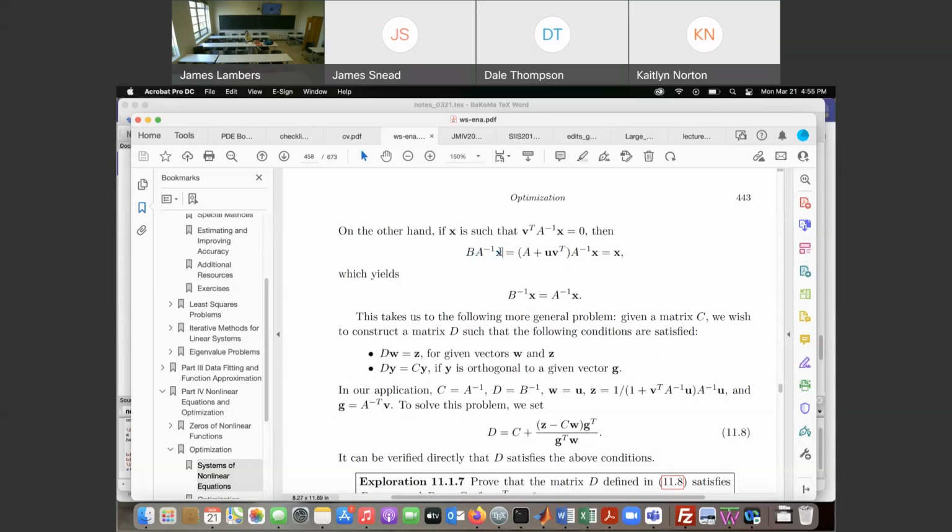B times A inverse x, which is a vector, and now I replace B by its definition, but now A and A inverse cancel out, so I just have x from the first term. And here I have u v transpose A inverse x, but v transpose A inverse x is assumed to be 0, so I'm left with only x. So now I can rearrange this equation, and I get B inverse x is A inverse x.